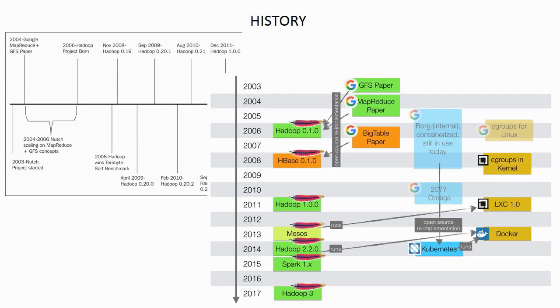But from 1.0 to 2.2, there was a lot of internal development work, and now HDFS can support containers.